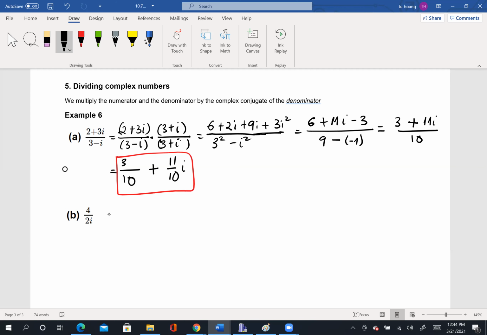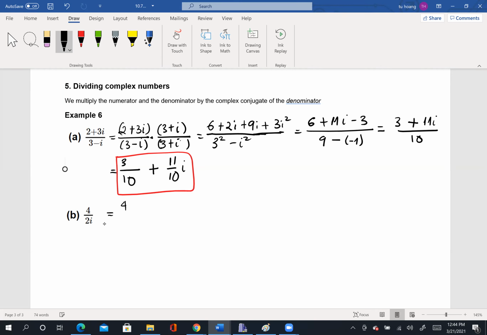I have 4 divided by 2i. So in here, you should just keep following the steps. My first step is to multiply with the conjugate of the denominator.